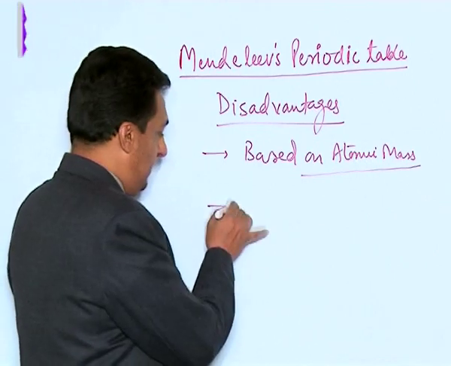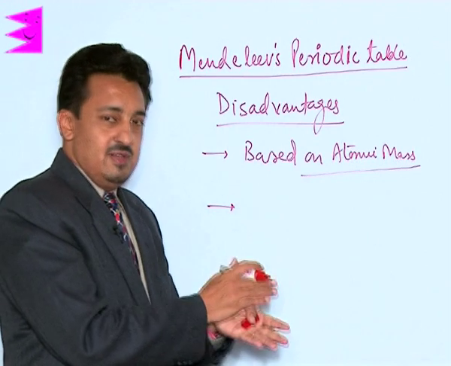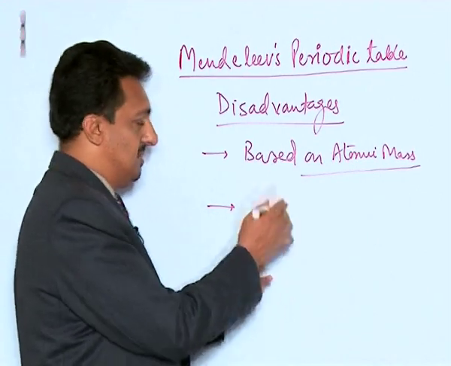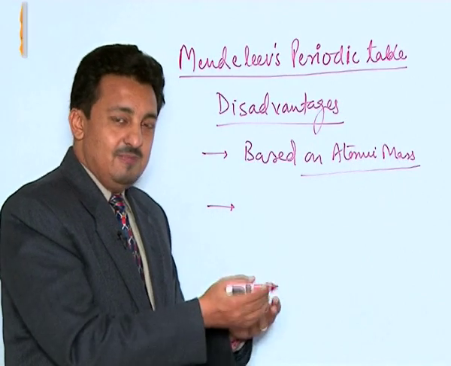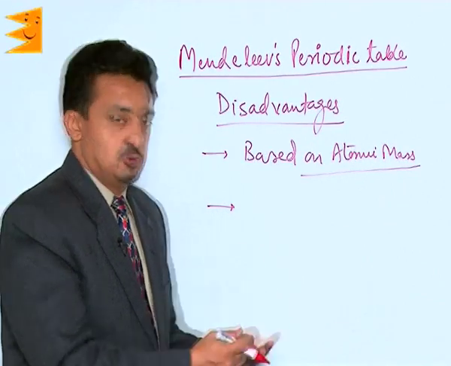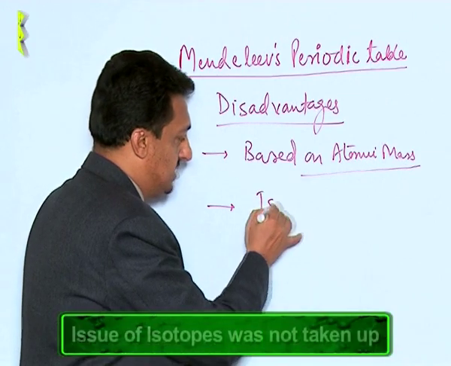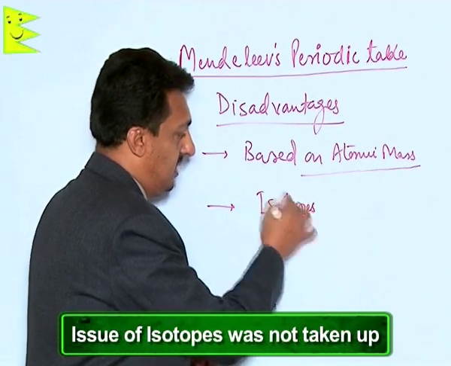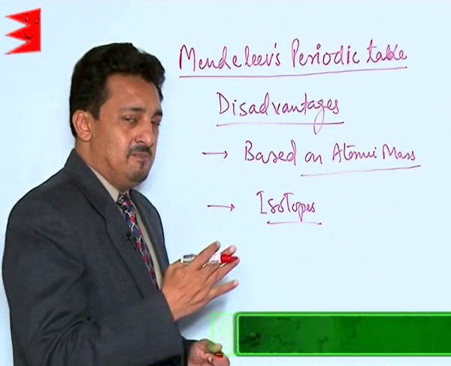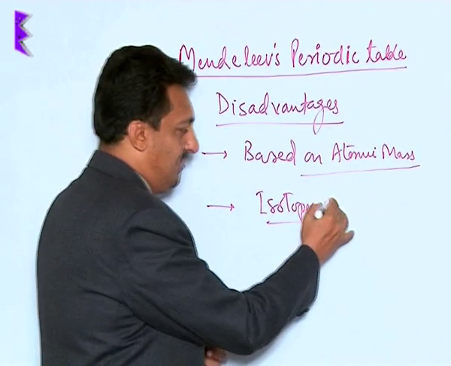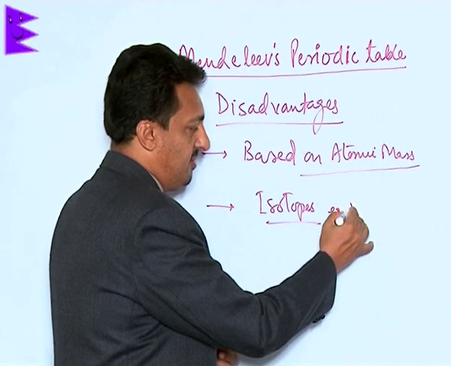The first contradiction which came to his table is that he was not able to explain the positions of the isotopes. Isotopes were the second biggest problem for him. Let's take the example of hydrogen.